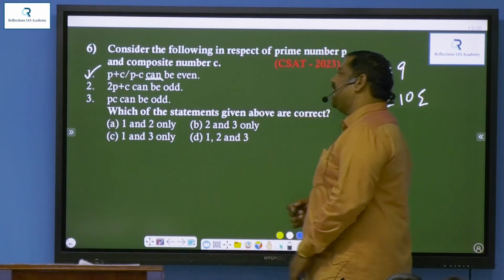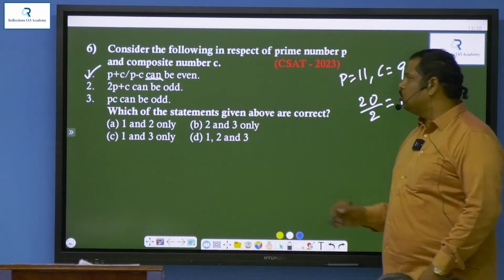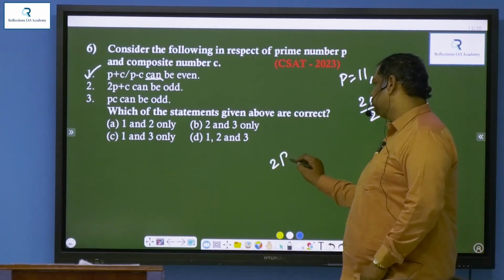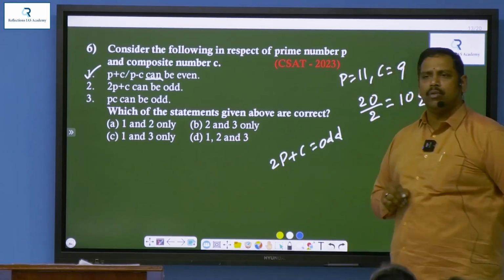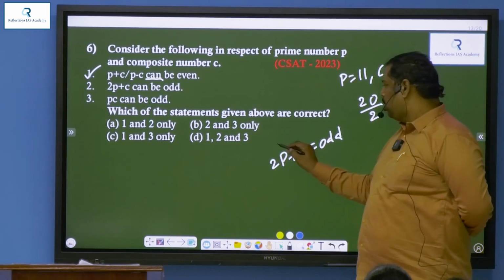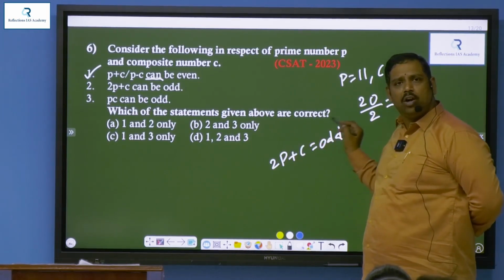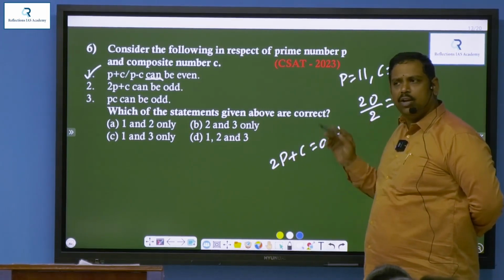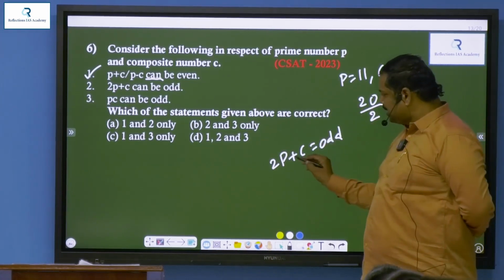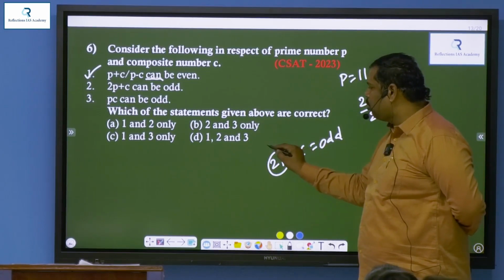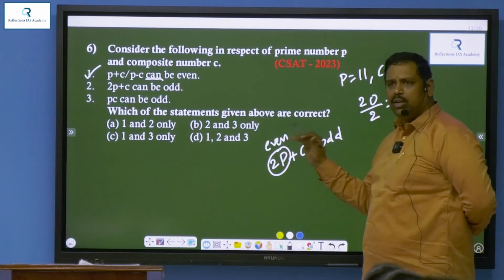2P plus C can be odd. If you want to get an odd number, what is the rule here? Odd plus odd, or even plus odd? When do you get an odd number? Even plus odd. Sir, already 2P is even, right or wrong? 2 into anything will be even only.